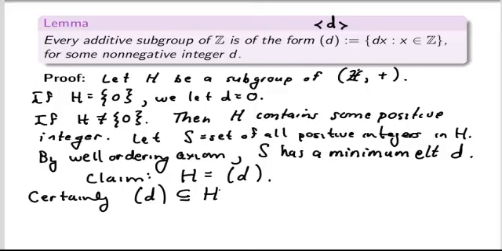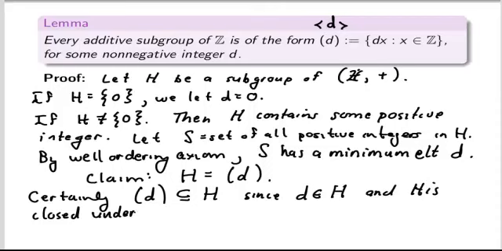And why is that? Well, since d is an element of H, and H is closed under addition, meaning that d plus d, d plus d plus d, so every multiple of d is going to be in H. And also, H is closed under subtraction, or contains additive inverses, so all the negative multiples of d.